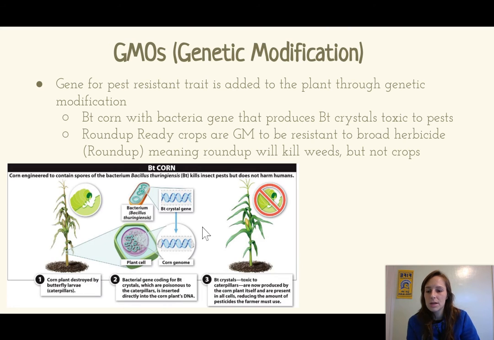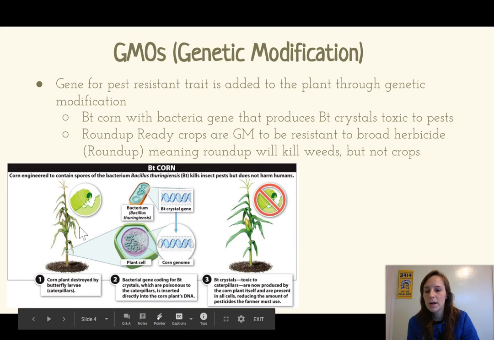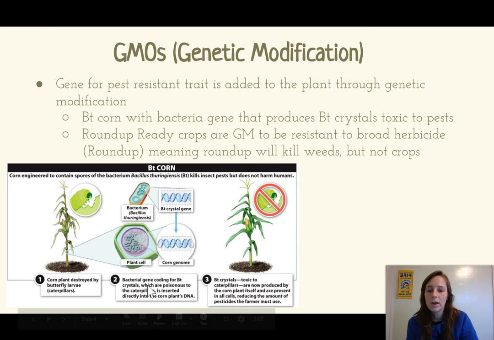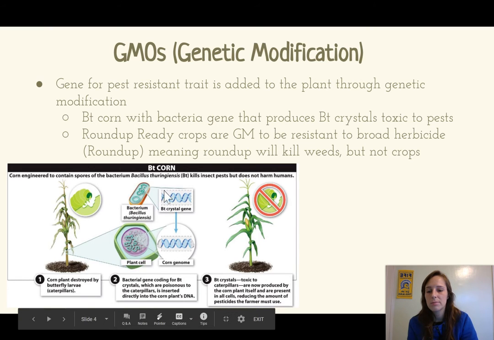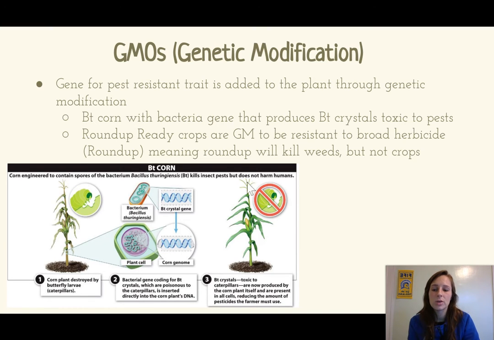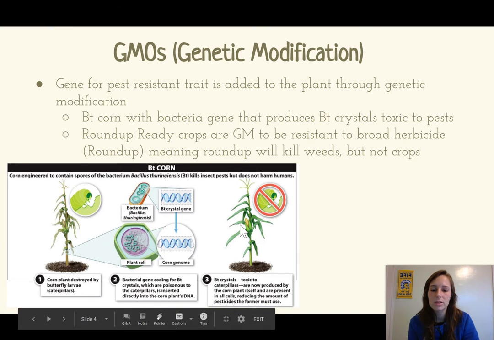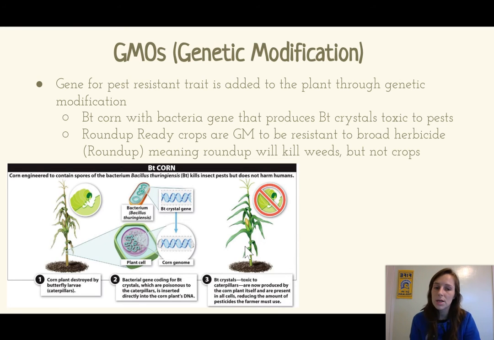And so this is going to be just kind of the process. Let's say we've got a caterpillar that's destroying the corn. We then go through the scientific process of embedding part of the genetics from a bacteria so that it's going to naturally create these BT crystals, which are going to be toxic to the caterpillar. So if they eat the corn, they will die. So it's naturally protected from this pest.